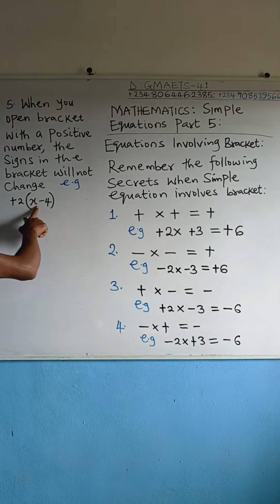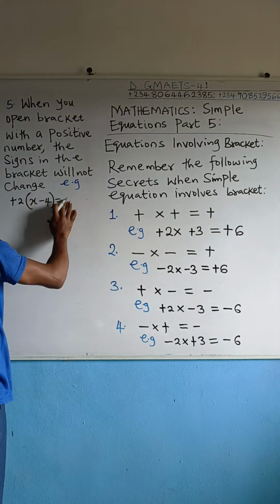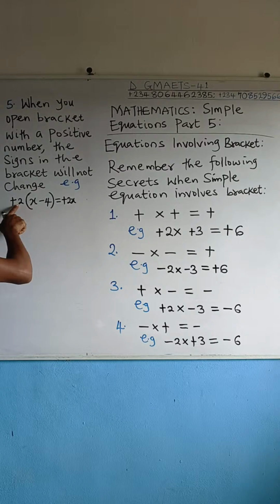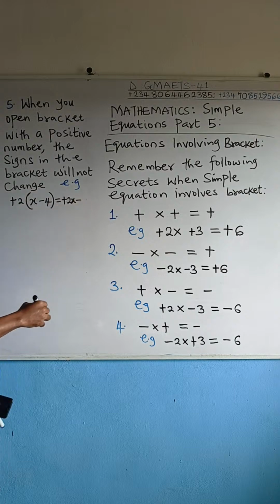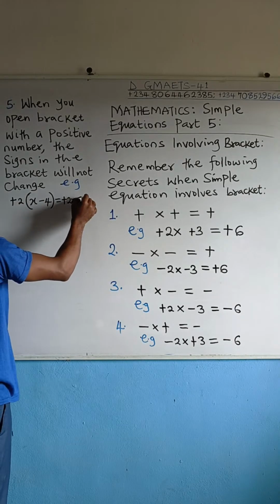These 2 will multiply x to give you plus 2x. Then these 2 will multiply this 4. But before these 2 multiplies this 4, observe plus times minus, you will still maintain the minus there. That is why I say that the sign inside the bracket will not change. Then now do 2 times 4, you get 8.